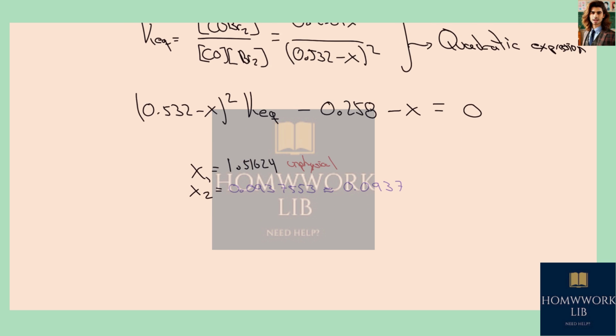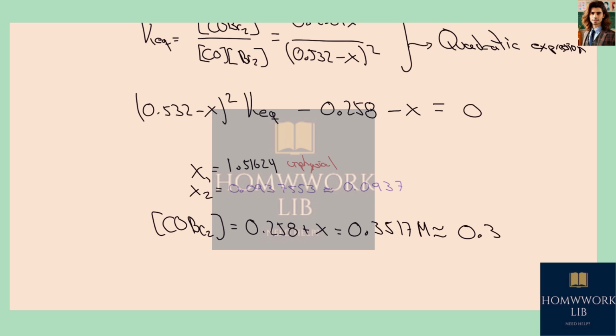So now our equilibrium concentrations are going to be for COBr2, this was 0.258 plus X, which is going to be 0.3517 molar, which rounds up as 0.352 molar concentration.